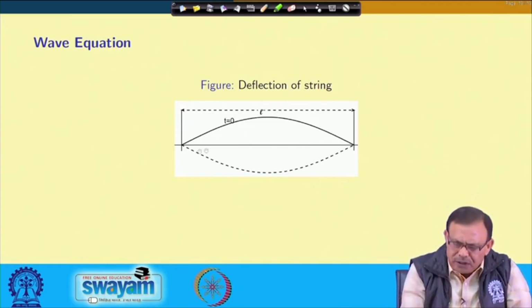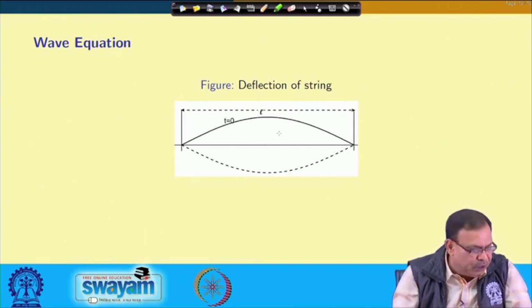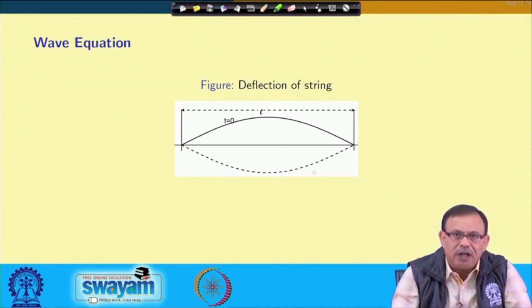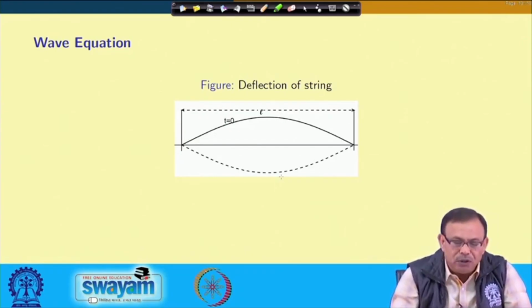If the vibration is u x t at any point x and for any time t greater than 0, then the wave function can be defined by an equation which we call the wave equation.